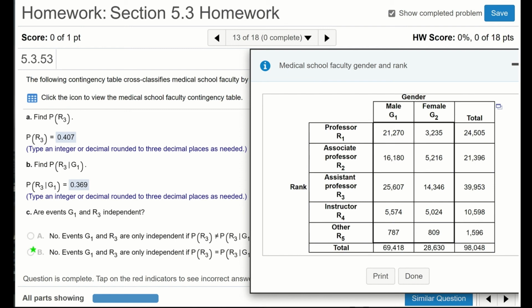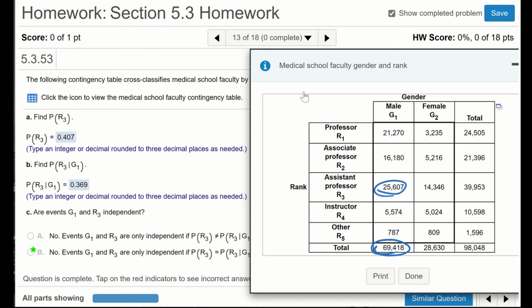So basically we're going to be restricting ourselves to this sample space size, and the class we're interested in is assistant professor, R3. So that's the number. So we're going to be dividing this number by that number to obtain our answer.